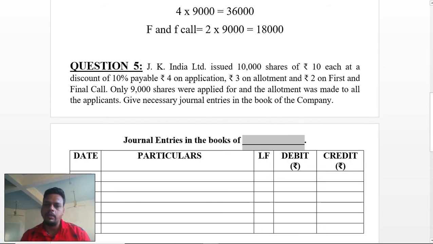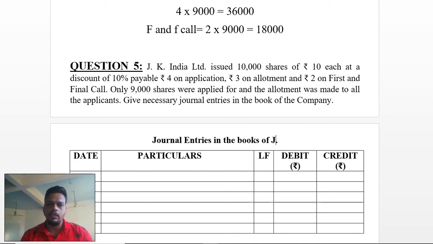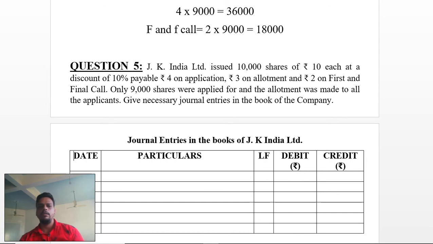So I'll replace the dash into JK India Limited. In this, date already there, particular is also there, LF is also there, debit, credit, every information is available here. So let's begin with the first part as an application. So in application, you know that first money received.